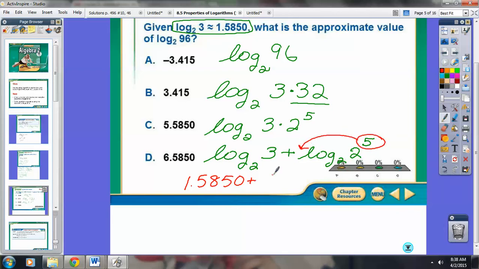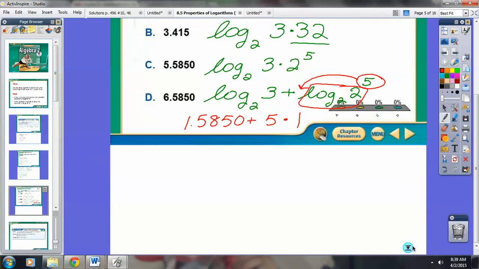Move it to the front. So 5 times log base 2 of 2. What is log base 2 of 2? 1. If our base matches our argument, the value is 1. So 5 times 1 is 5. And 1.5850 plus 5 is 6.5850, right?